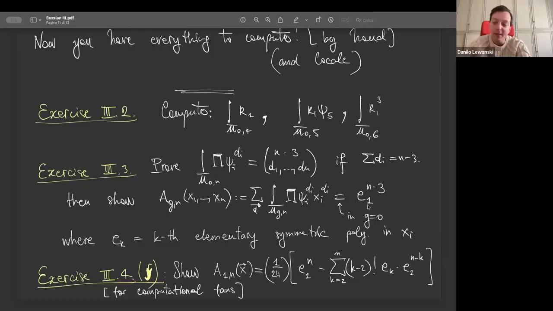Then you have the complete homogeneous polynomials. Then you have the Schur functions. And there is another one that I always forget, called the forgotten symmetric functions, in the Macdonald book.